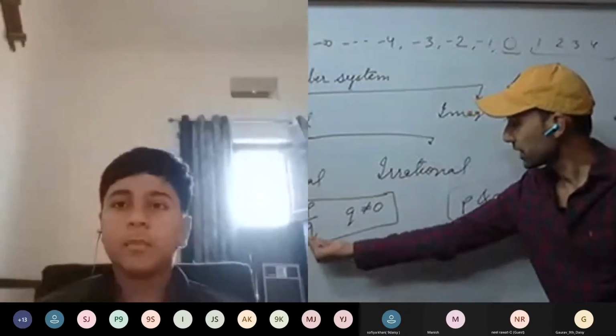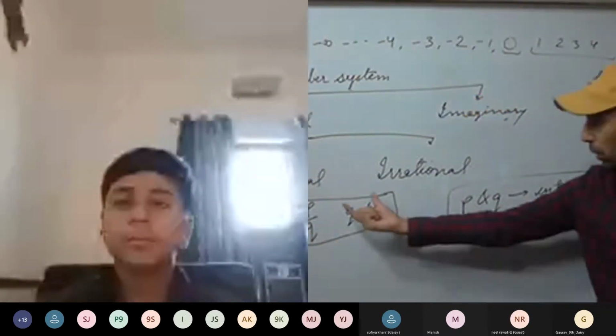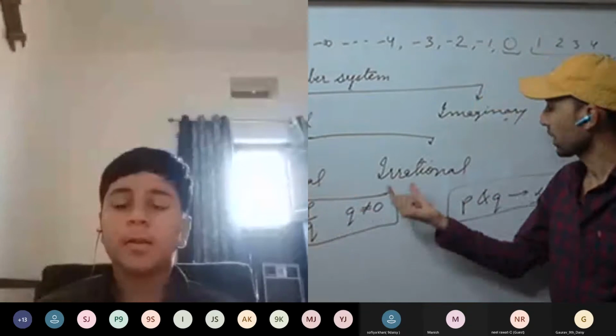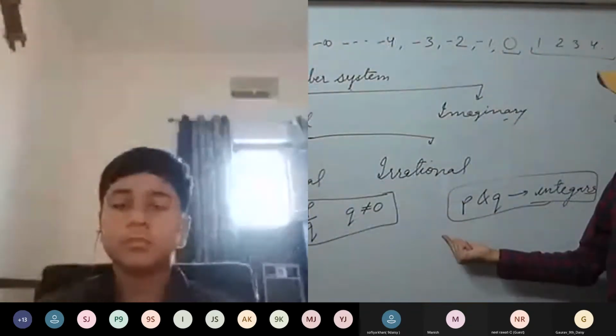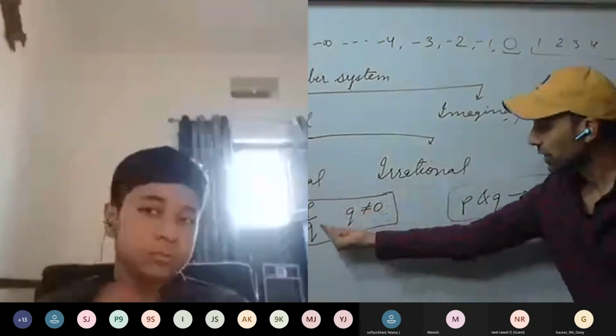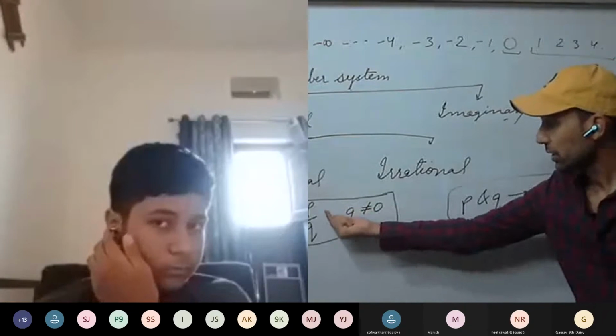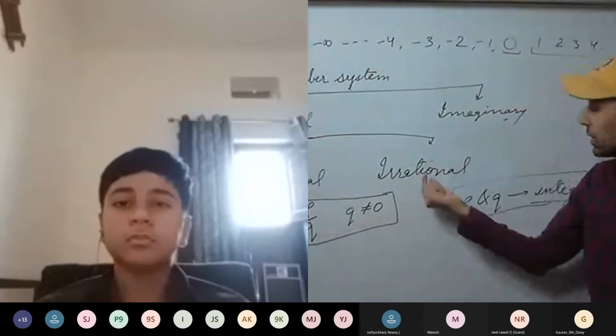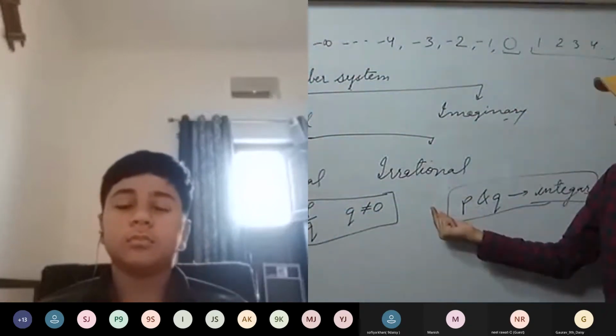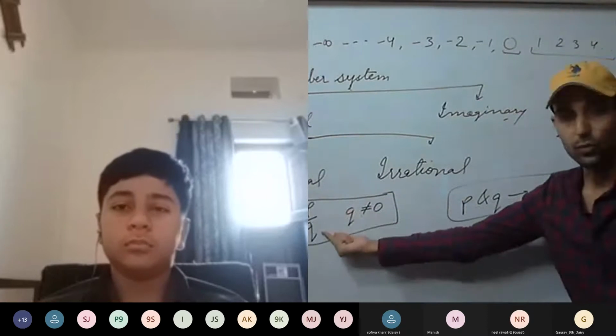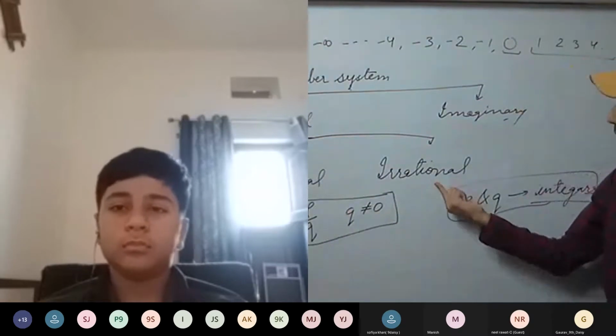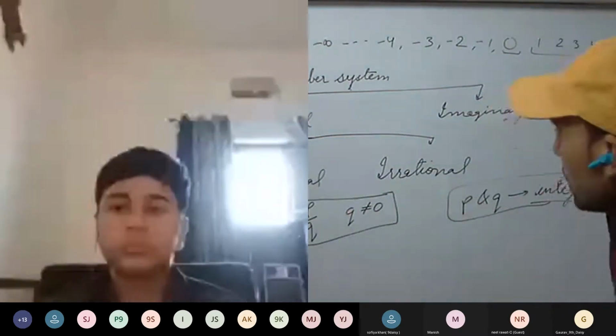So the numbers which satisfy this definition are rational numbers, and those which do not satisfy this p by q form are called irrational numbers. If they do not satisfy it, they will be irrational numbers.